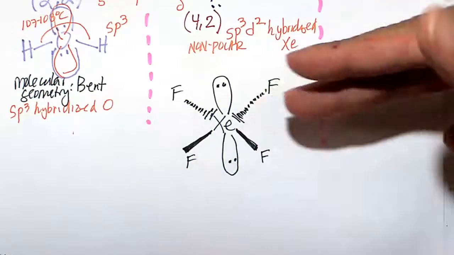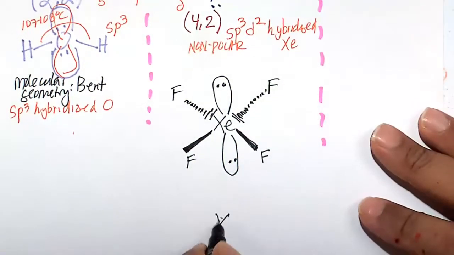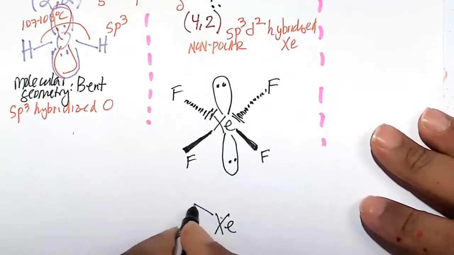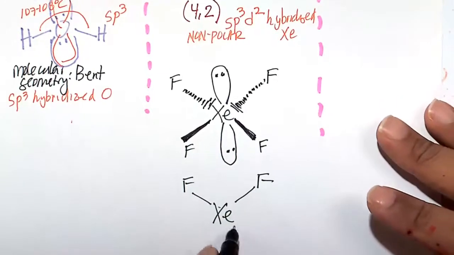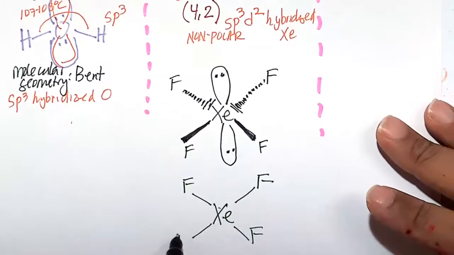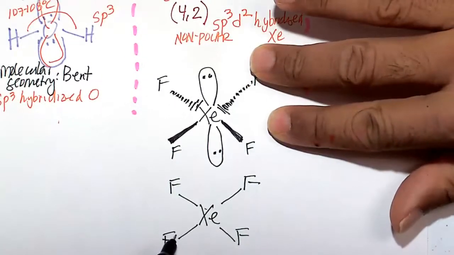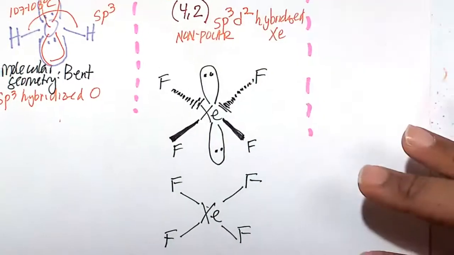If I flip it 90 degrees, what happens is that everything is now on the plane of the piece of paper with regards to the 4 fluorine substituents. Okay, imagine taking this fluorines coming out towards you and flipping it. Now it's back on the plane.